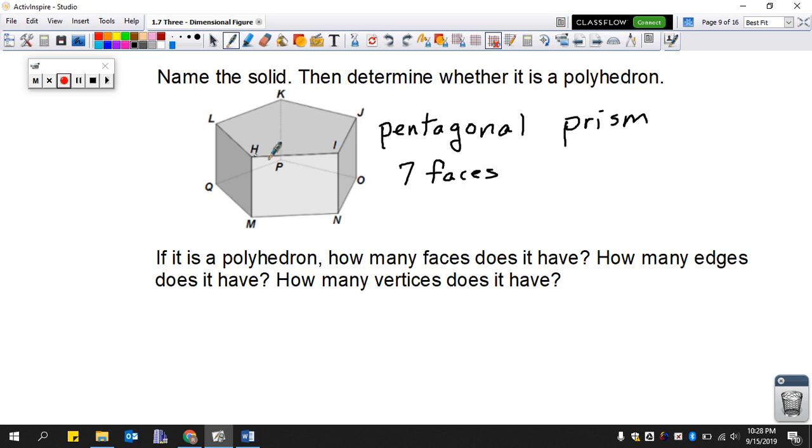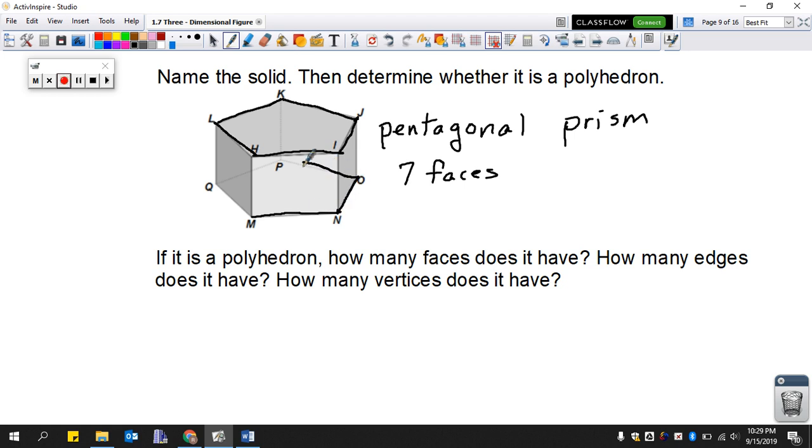How many edges does it have? Well, obviously there's 5 along the top. 1, 2, 3, 4, 5. There's 5 on the top, and because the bottom is the exact same shape, it has 5 on the bottom. All right, so that's 10.